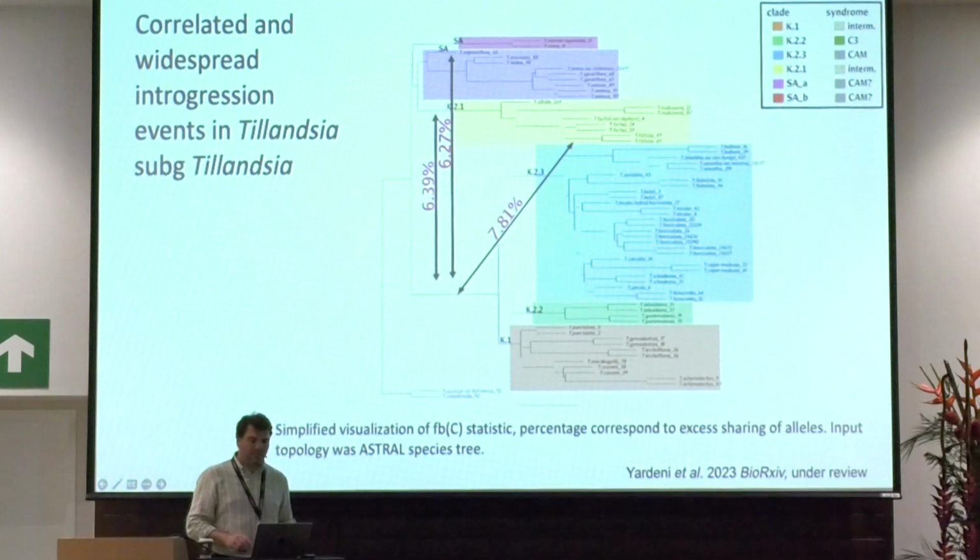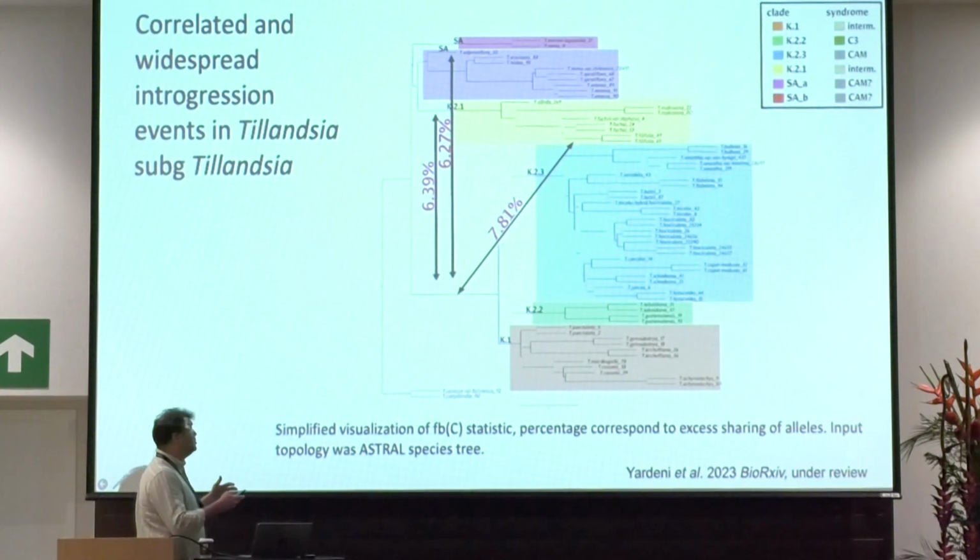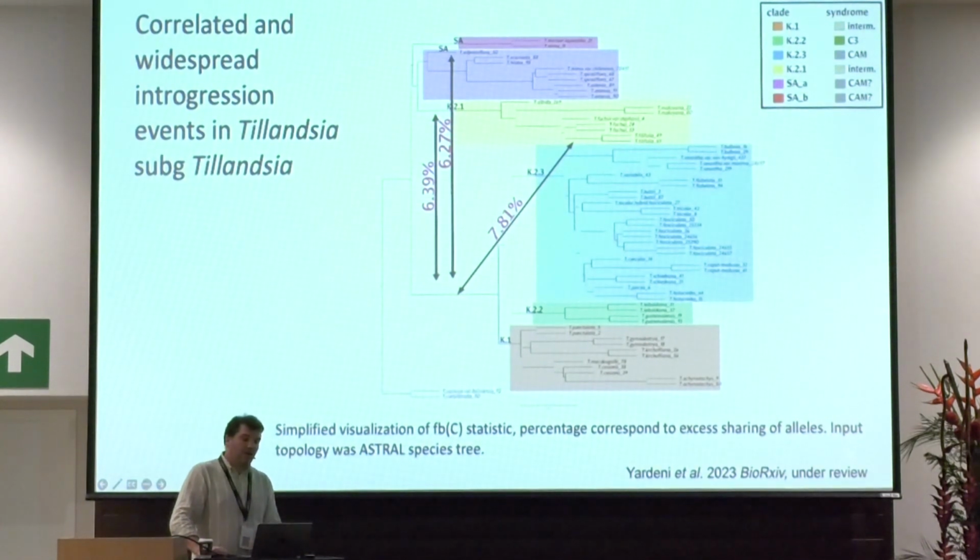And indeed, we used a variation of the D-statistic, which is called f-branch, which is showing an excess sharing of alleles, unexpected compared to the species tree, and it recovers like 6.4% of alleles. Also explaining why these traditional phylogenetic methods perhaps fail to recover the two different K clades in this subgenus.